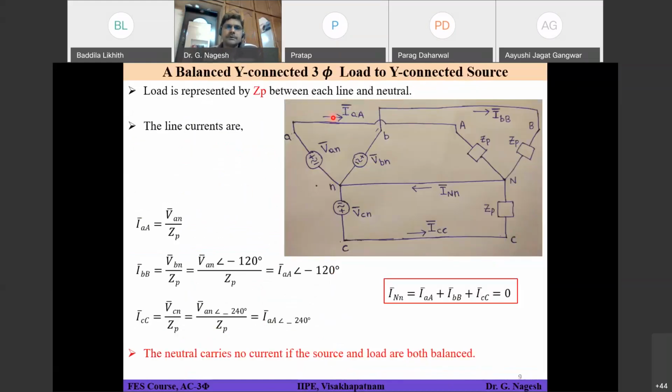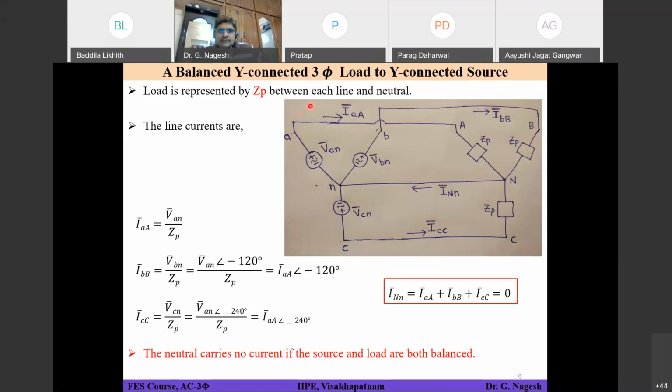Okay, so the load, and now we are talking about. So we have seen what is a balanced star connected source. Now if a balanced star connected load is connected to a balanced star connected source, then what will be the currents in that system? That we will see now.